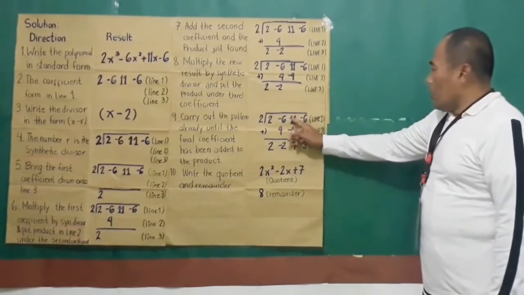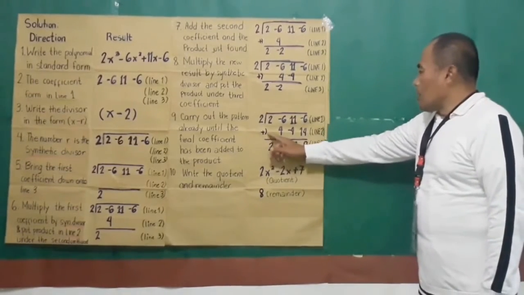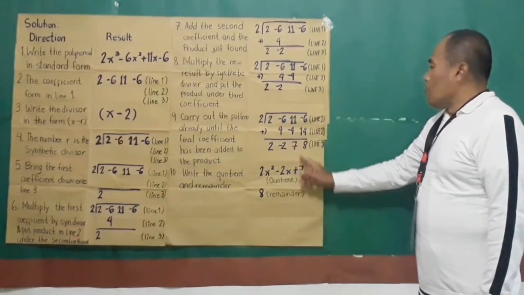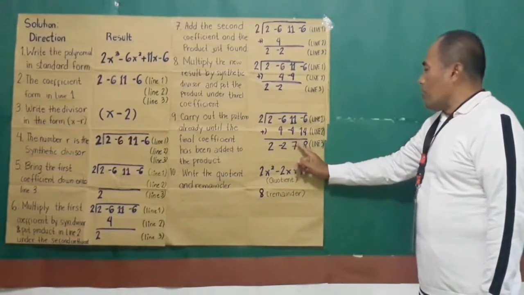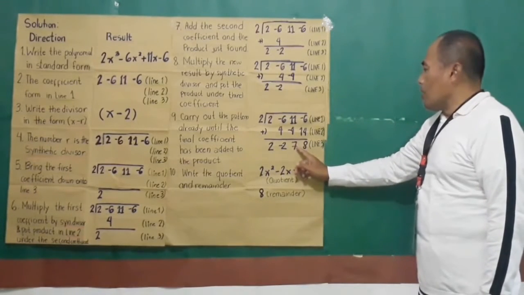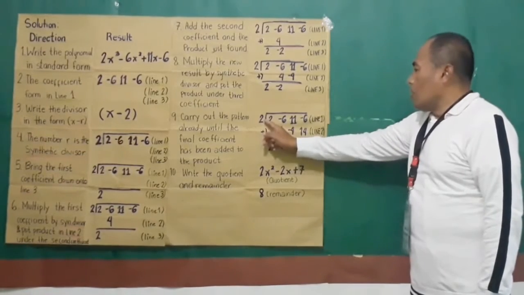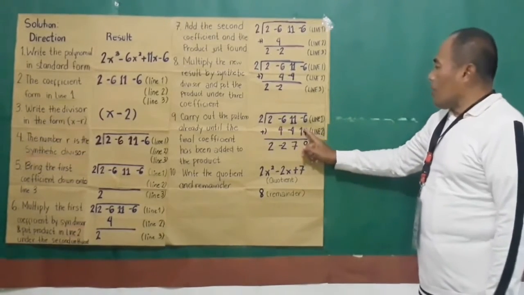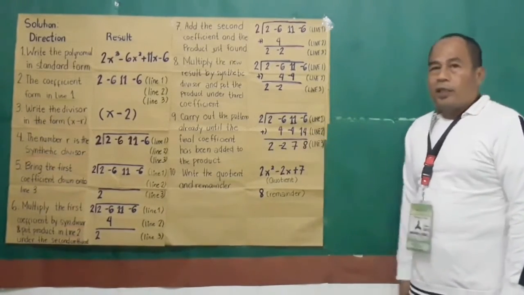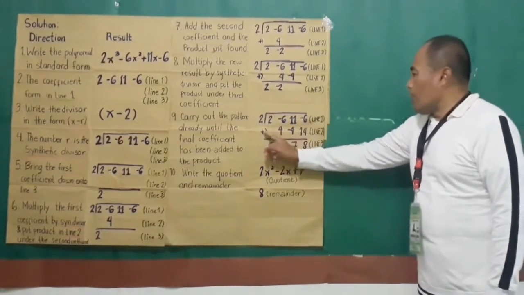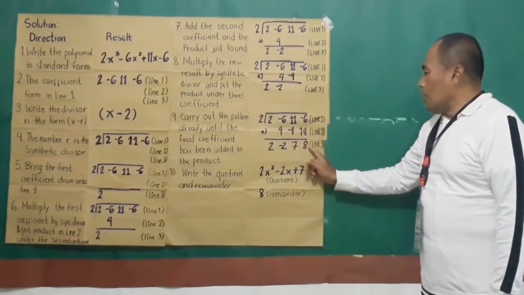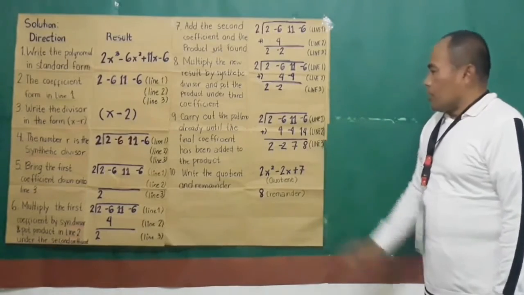So 11 plus negative 4 is equivalent to positive 7. And 7 times 2 gives a product of positive 14. Negative 6 plus positive 14, the result is 8.